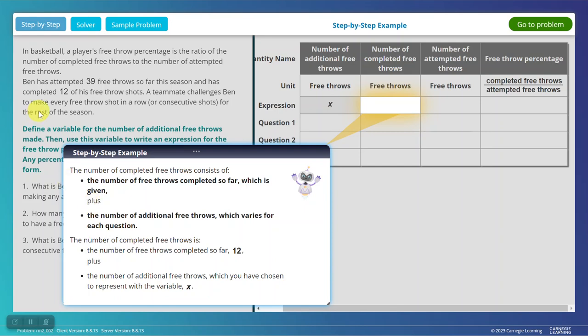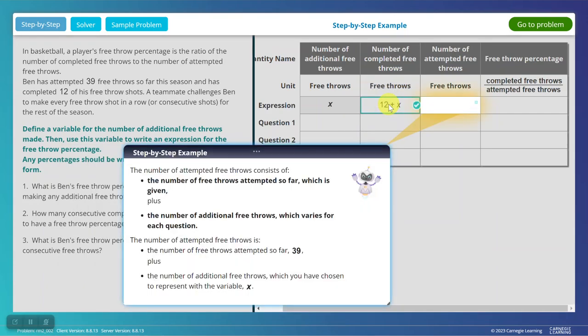So let's see, he's attempted 39 and he's completed 12. So let's do 12 plus x to see if that works. It does. The number of attempted free throws, well, he already attempted 39, but he's going to attempt x more, and he's going to make every single one of those, right?